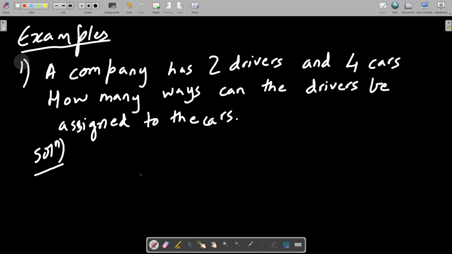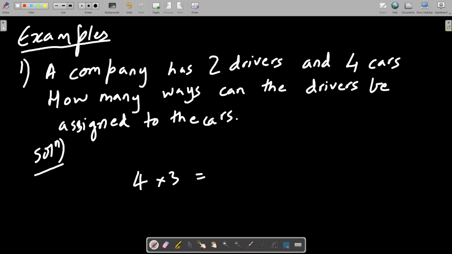So the first driver has how many cars possible? He can be assigned to four different cars, right? So driver A can be associated to four different cars. What about driver B? The second driver will get how many possible cars to get assigned to? Three, because one is already assigned to the first driver, right?